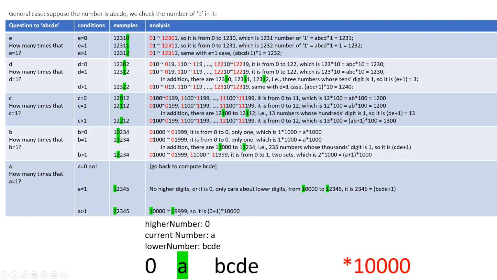I think until now, with this analysis, we know that when we want to count the number of 1s in one digit, we need to care about 3 conditions. A is 0, 1, or larger than 1. And also we need to care about 3 positions: the higher numbers, the digit itself, its current number, and its lower numbers, right?